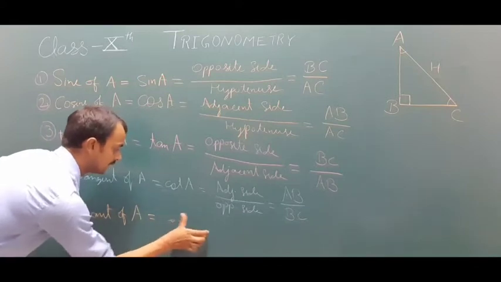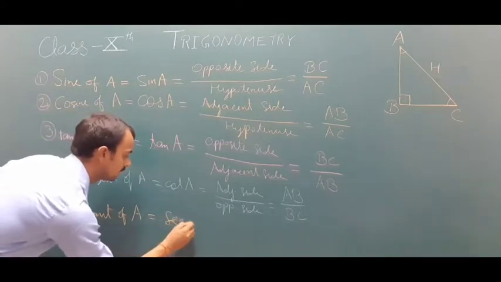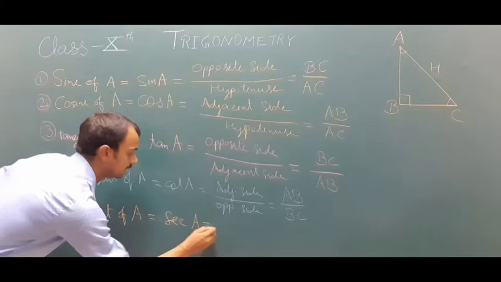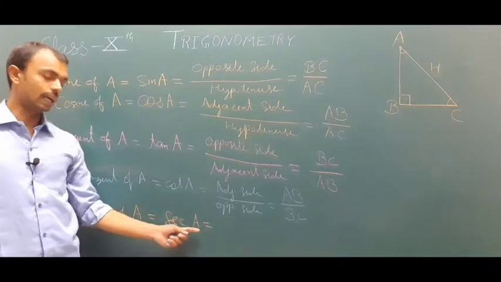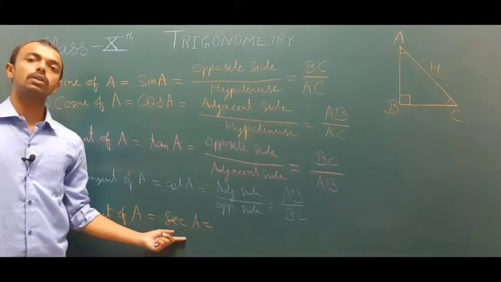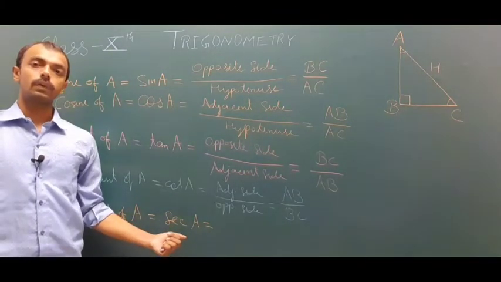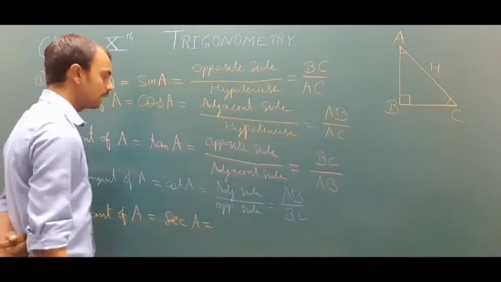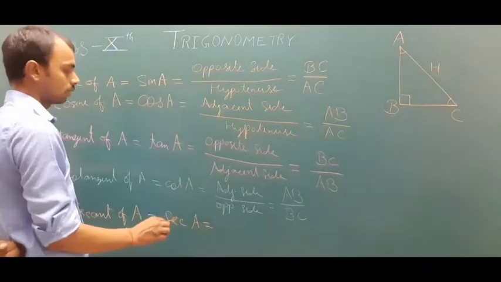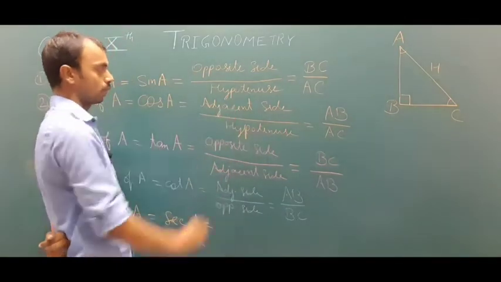It is denoted by SEC, sec of A. This is not the multiplication of sec and A. This is the notation for secant A. So sec A is 1 upon cos, which means the inverse of cos.